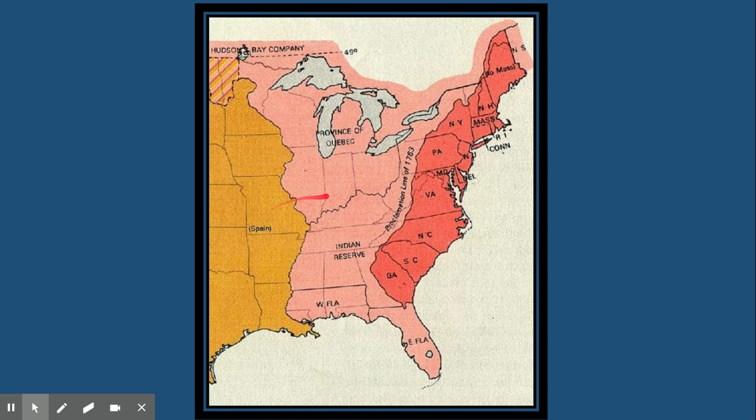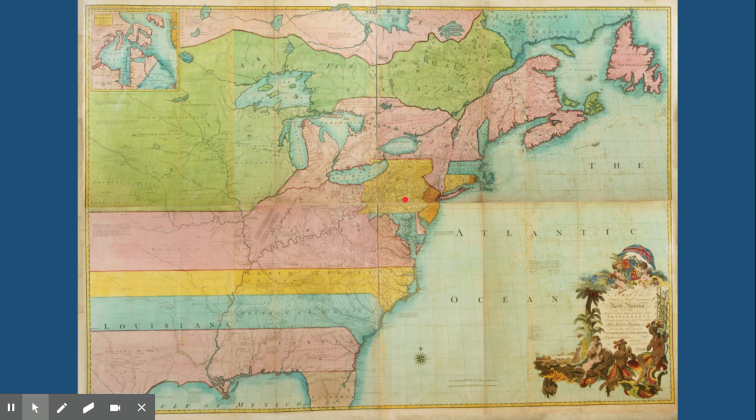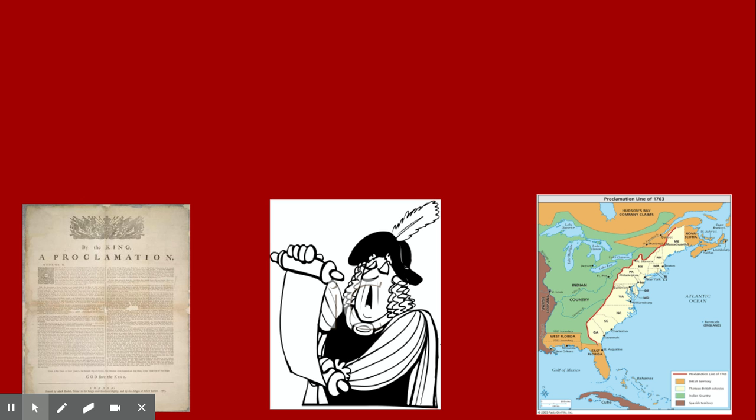Moving on. This is the land that has been gained. All of this land in this lighter pink color says Indian Reserve. Interestingly, once they got this land and these colonies were anxious to expand westward into these territories, King George says not so fast. He is going to put a pause on it. Here's a proclamation by the king.